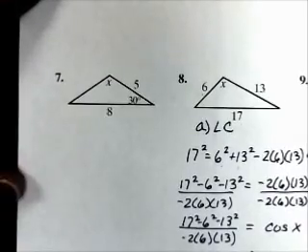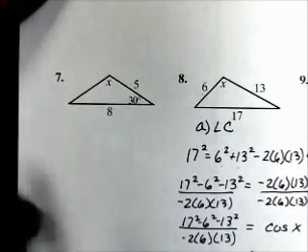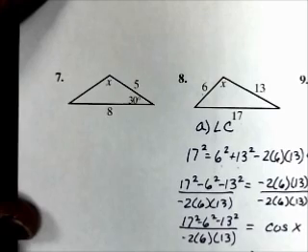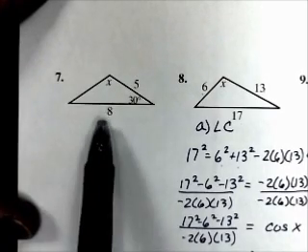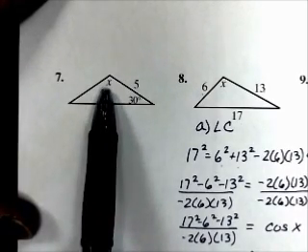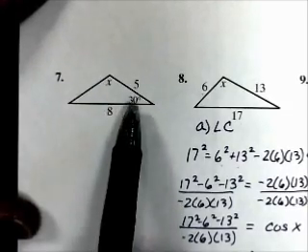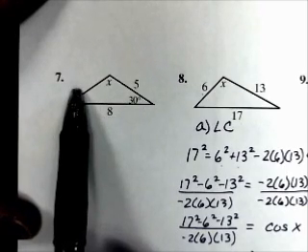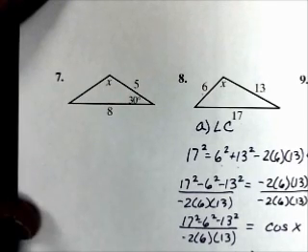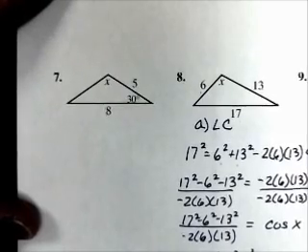Now for number 7, we've got two sides, and we want to find x, which is an angle x. We have an angle of 30 degrees, but we don't have the side opposite it. So we actually have to do something first before we can find x.